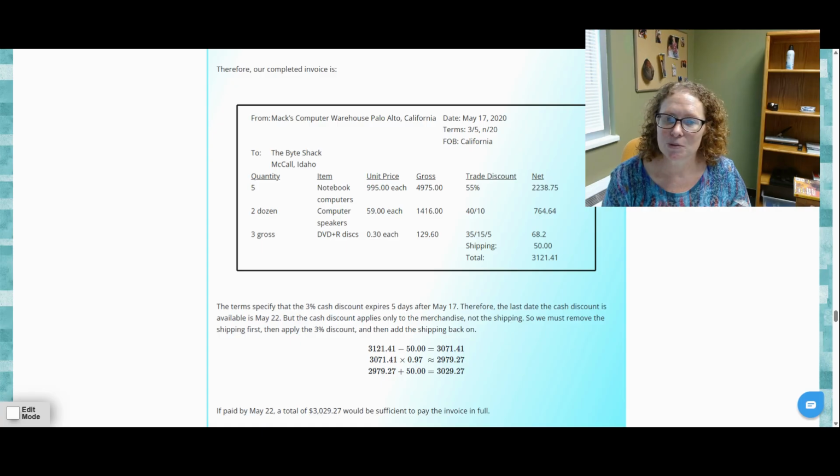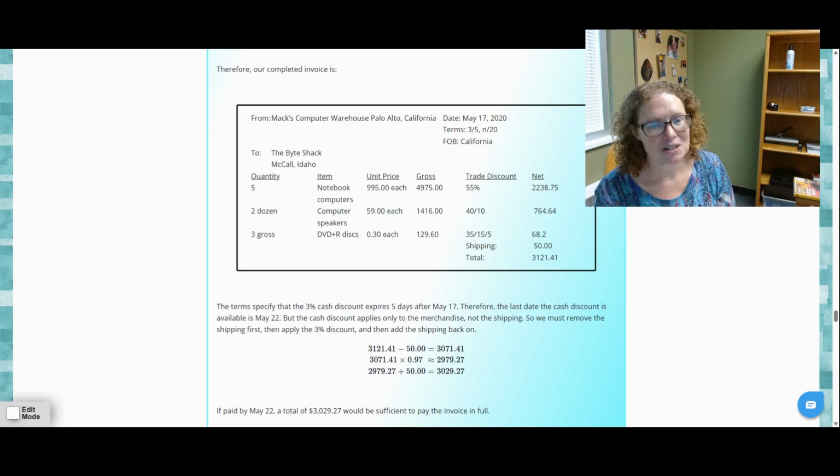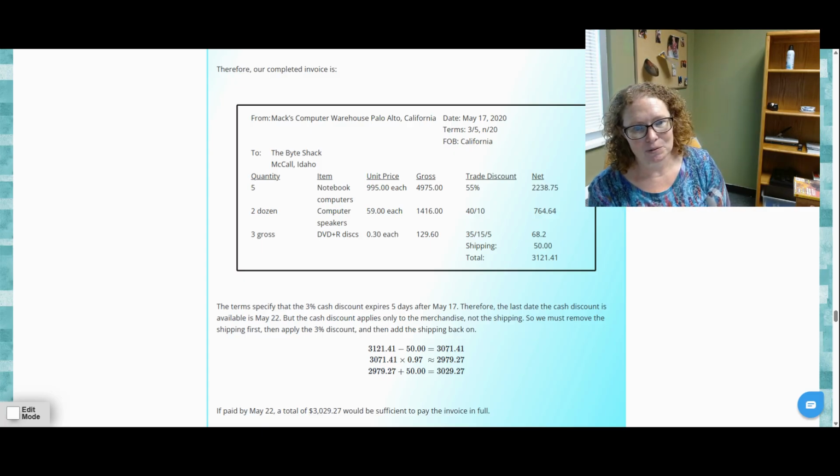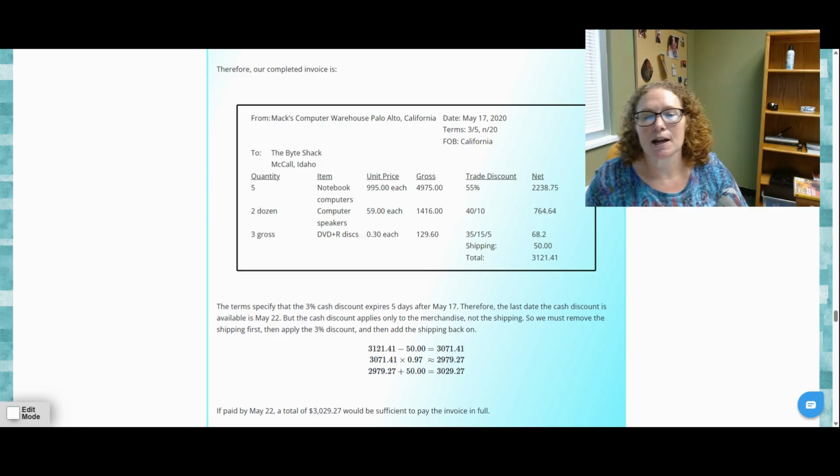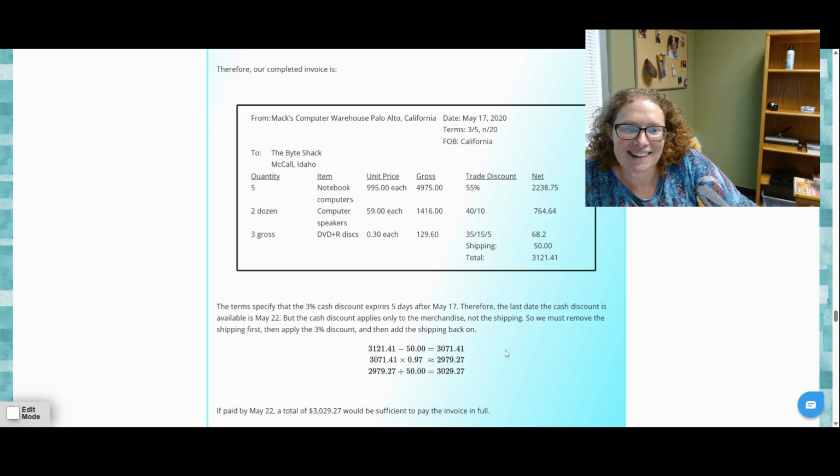But we only want to look at the goods and not the shipping costs here. So we subtract the shipping costs first, because we're not talking about a discount on the shipping. Then we multiply again by the complement, and the complement of 3% is 97.